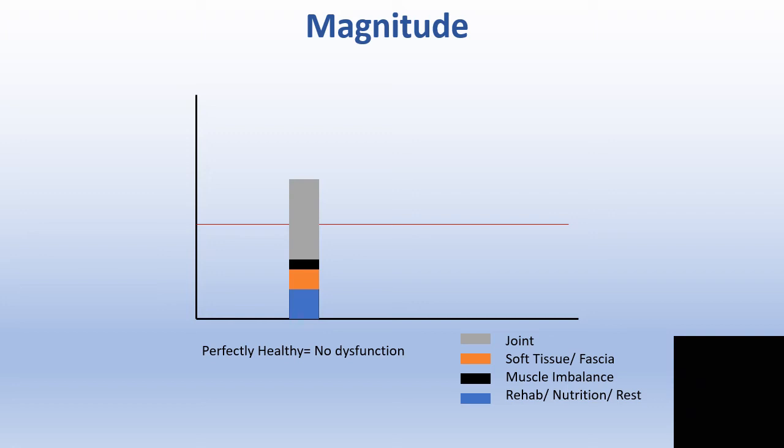The differences between patient to patient and what makes it individual is that the magnitude of those specific anatomic blocks can change. Somebody who has fairly advanced arthritis in their hip, obviously the joint block would have a greater magnitude, and while they may have some soft tissue adhesion, that may not be the biggest contributor to their lack of functioning.